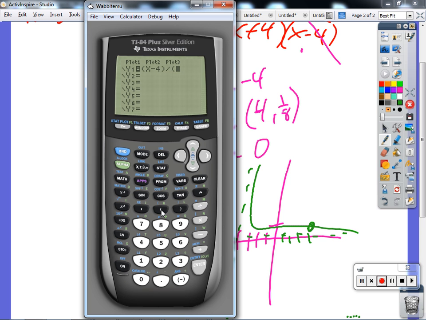Divided by x squared minus 16, correct? Everybody should be there. Need to have calculator. You need to get one. Okay. I think we might still have some to run.